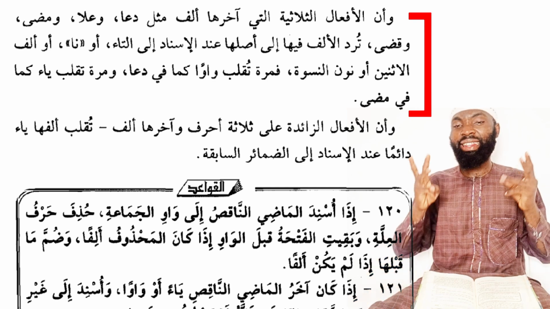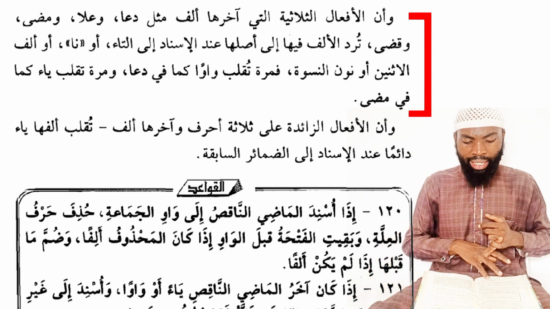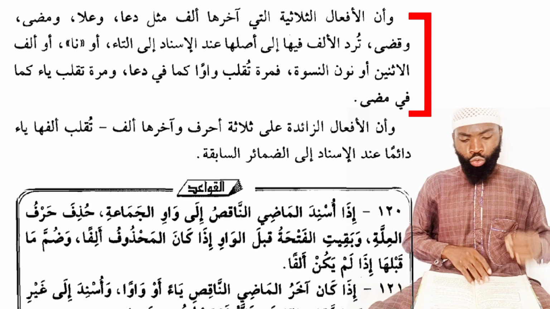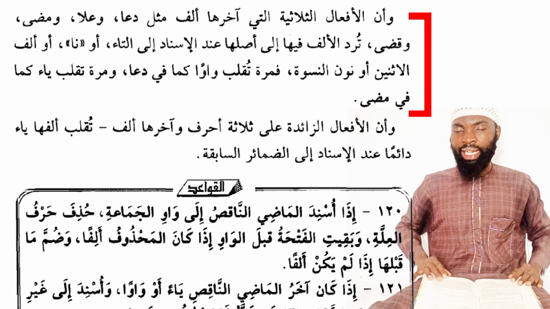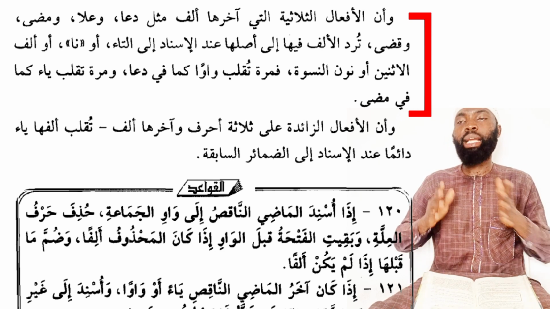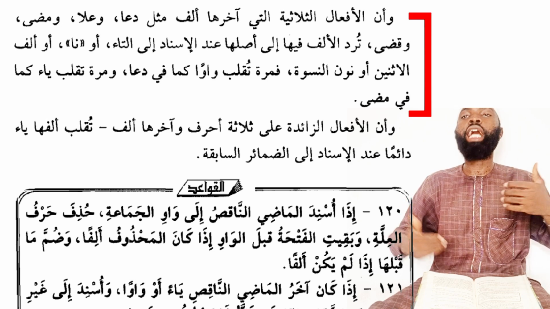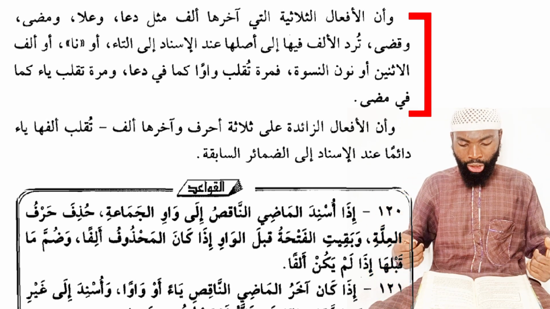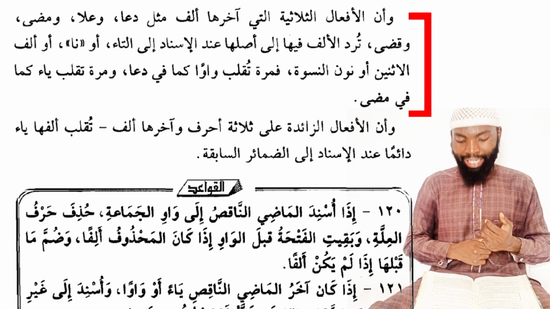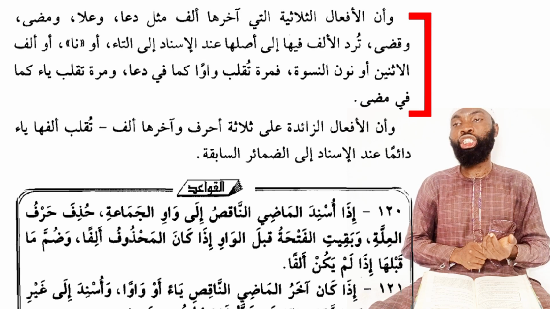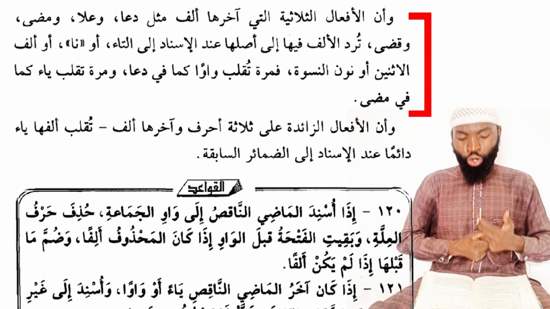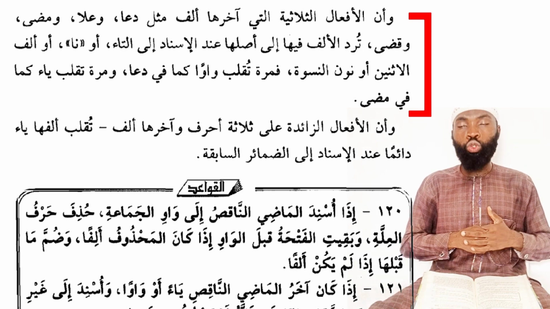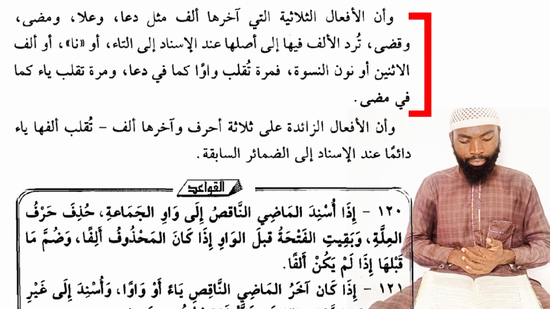And also that the triliteral verbs which end with alif, like the words da'a, ala, mada, and qada, the alif present in them is returned back to its origin when attached to ta, or na, or the alif of dualism, or the nun of feminism.